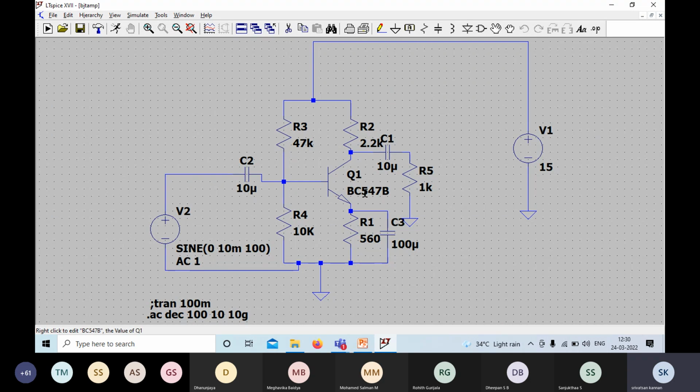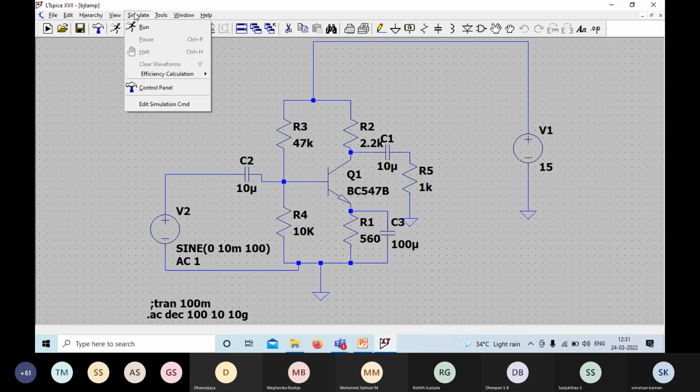Have all of you finished these connections? Yes, sir. Okay, next I'm going to simulate this.